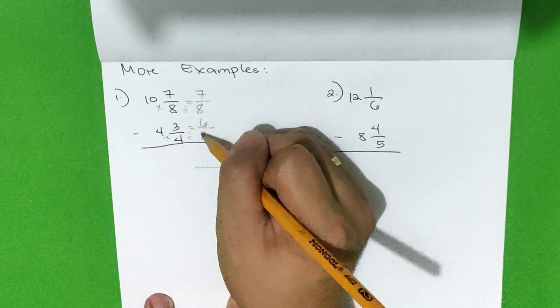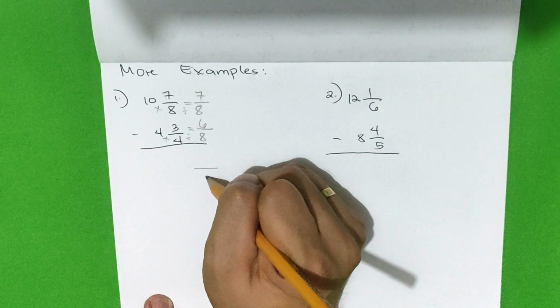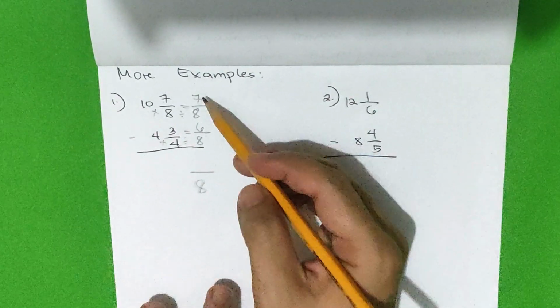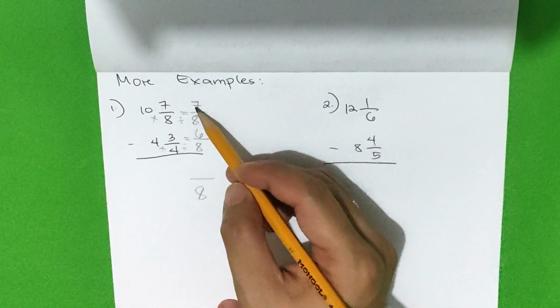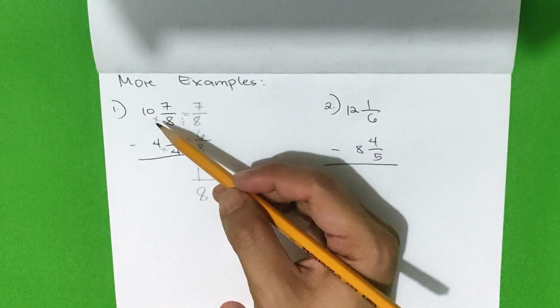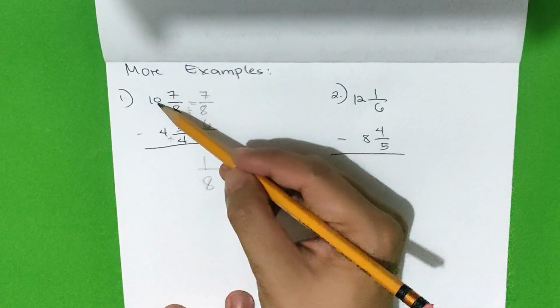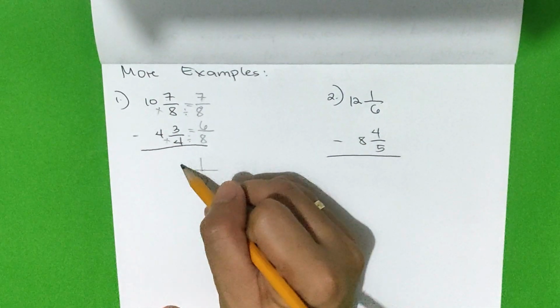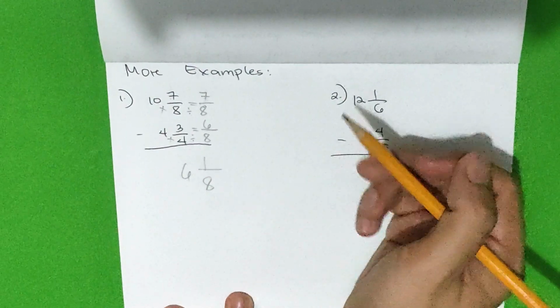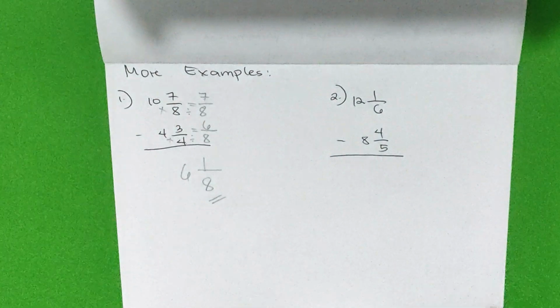So since our set of fractions are similar fractions, let us just copy the denominator 8. And let us subtract 7 and 6. 7 minus 6 is 1. And do not forget to subtract our whole numbers. 10 minus 4 is 6. So if your answer is the same with 6 and 1/8, you got it right.